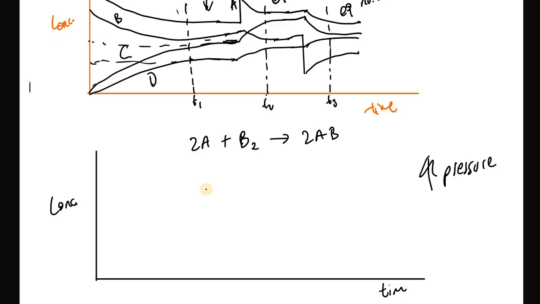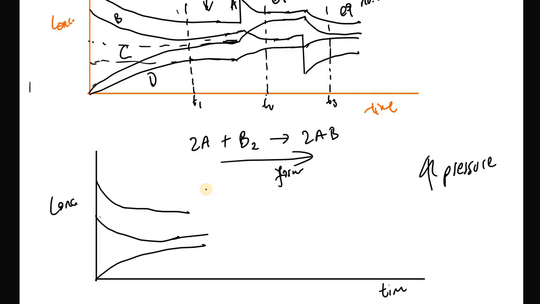The one with fewer molecules. So we're going to favor the forward reaction. Initially A is going to be like this, B is going to be like this, and AB is going to be like this. They reach equilibrium. So this is A, B, and AB.